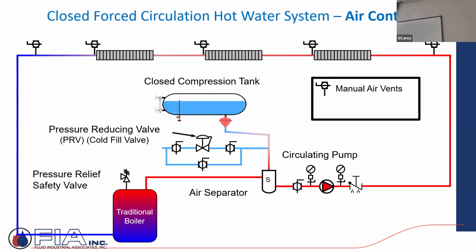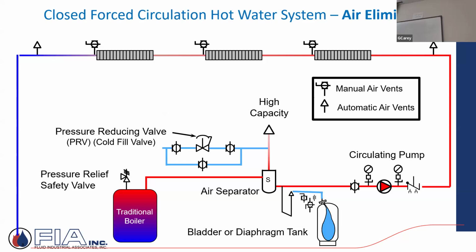We've moved past that. Once butyl diaphragm became a popular source, we would go to either bladder or diaphragm tanks, and we went away from that older steel tank. That's what you're going to see. That's what you specify. That's what you'll see all day, every day: some type of a diaphragm or bladder expansion tank. And then you can have some high capacity float vents. Still on the terminal units, you might not have automatic, you might have manual.